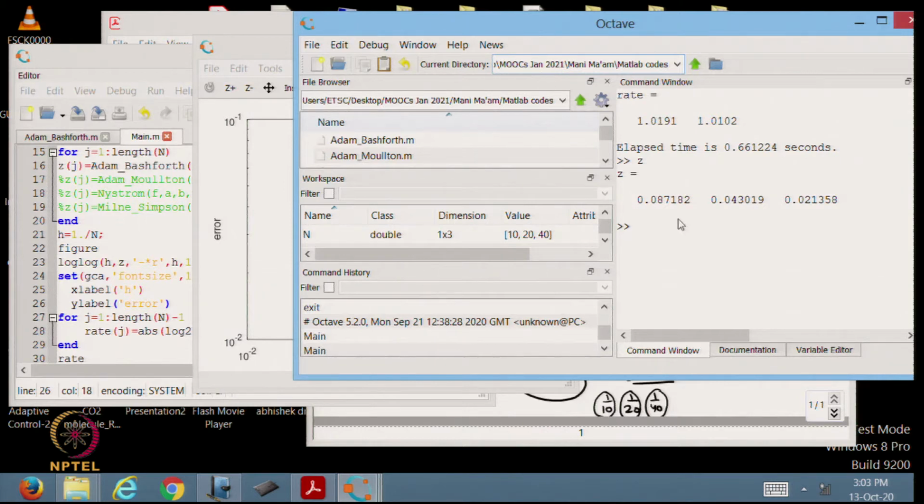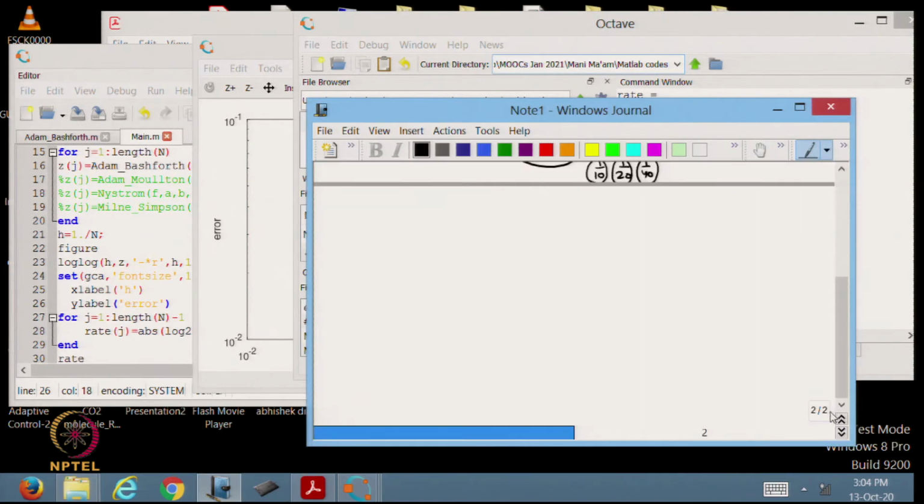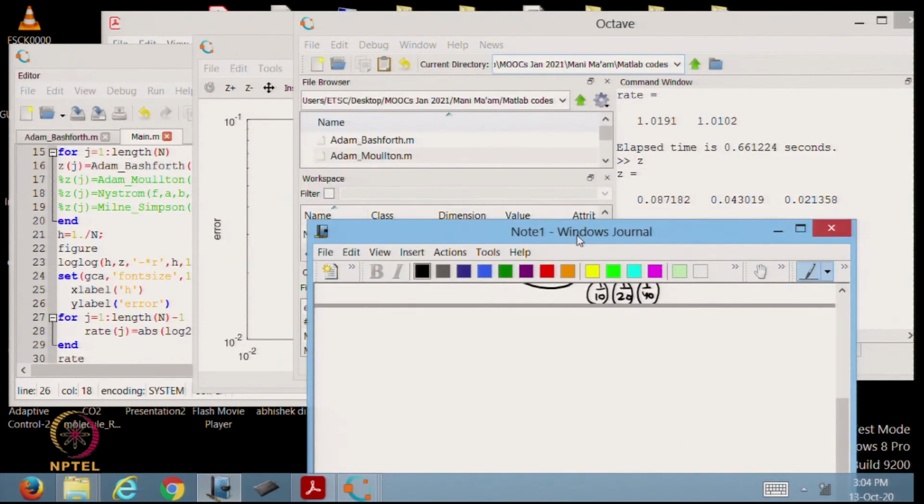So, as expected, the value I am getting corresponding to h equal to 1 by 10 is 0.08, which I can write down here. 0.043019 corresponds to h equal to 1 by 20, and 0.021358 corresponds to h equal to 1 by 40. Okay.